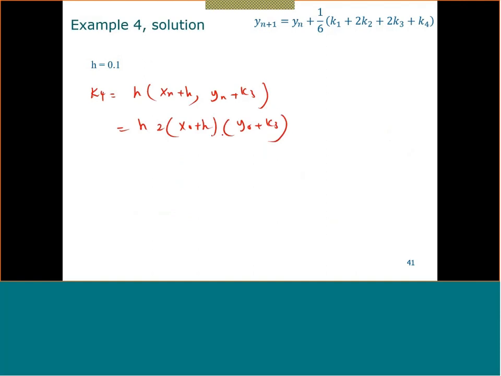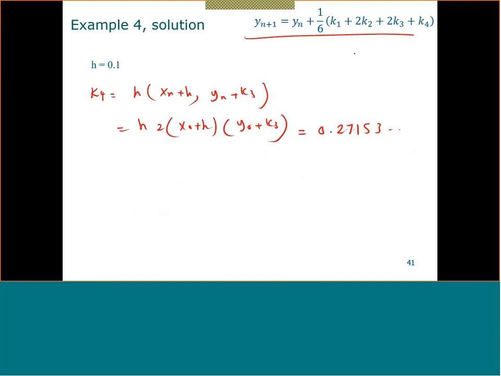This is the function. We know everything: y0, x0, h, and K3. If we do the substitution, this becomes 0.27153.